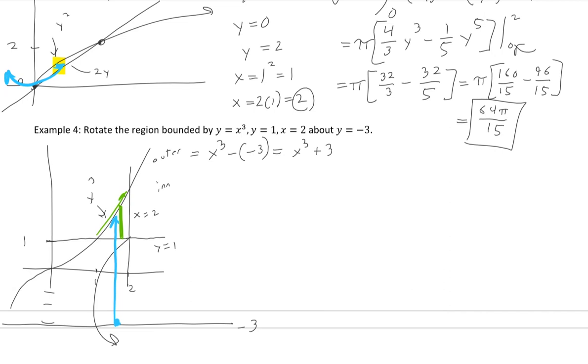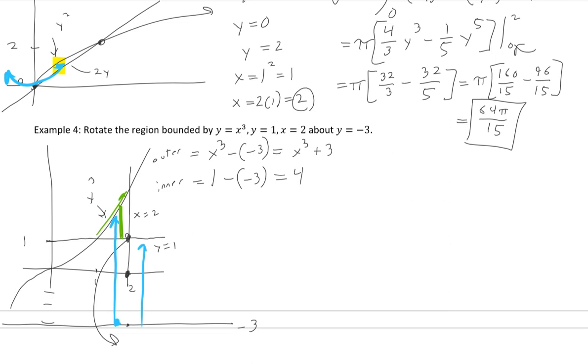And we have an inner of, it was originally 0 and -3. Actually not 0, sorry, it's actually 1 is my inner. My inner would be going up to here. So that would be 1 minus -3, which has a distance of 4.